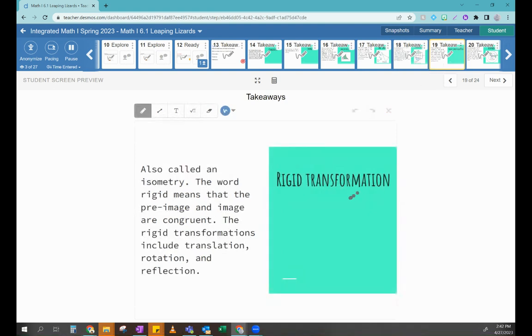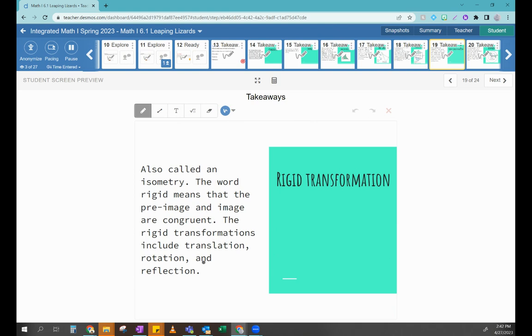Okay, a couple more. Rigid transformation, also called isometry. The word rigid means that the pre-image and image are congruent, meaning you're not going to change the shape. You're not squeezing the Play-Doh as it moves from one place to another. It's congruent.